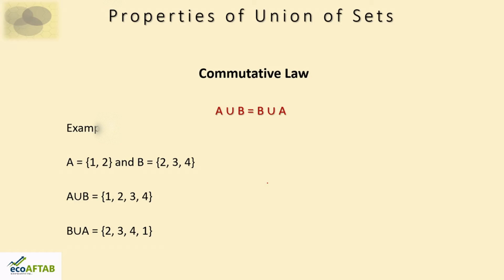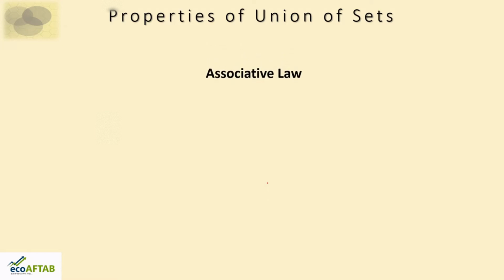Same thing is applicable for other operations. Similarly, the second property is associative law. It means A union B union C is equal to A union B union C, grouped either way.